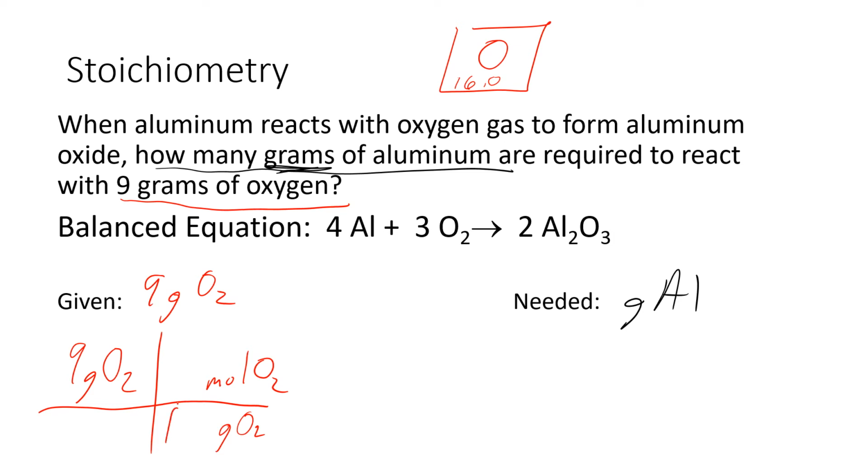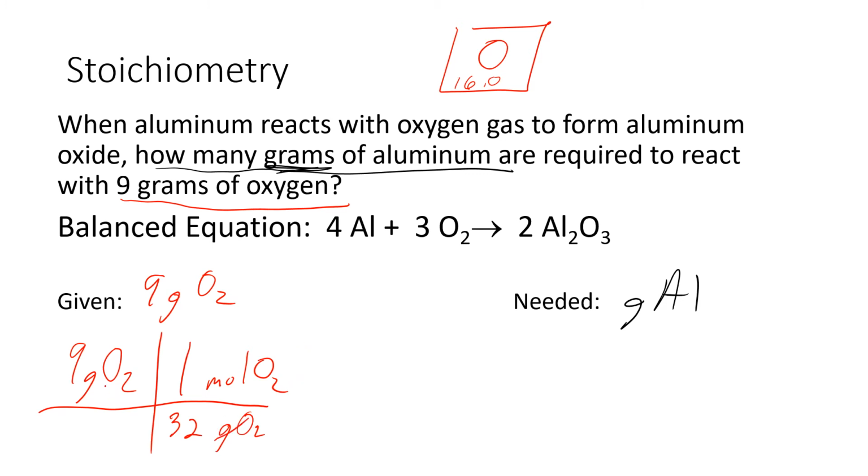So we'll just go 16.0 grams in 1 mole. Oops, that should be 32. My bad. Let's erase that. All right, so that should have been 32 grams because each one's 16. It's O2. So we need 2.